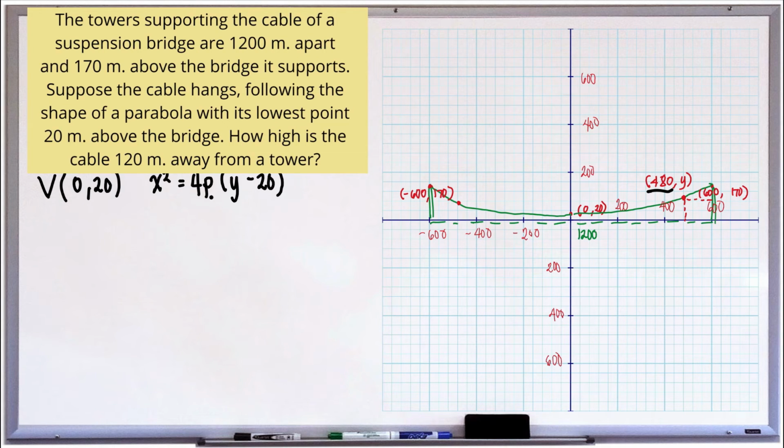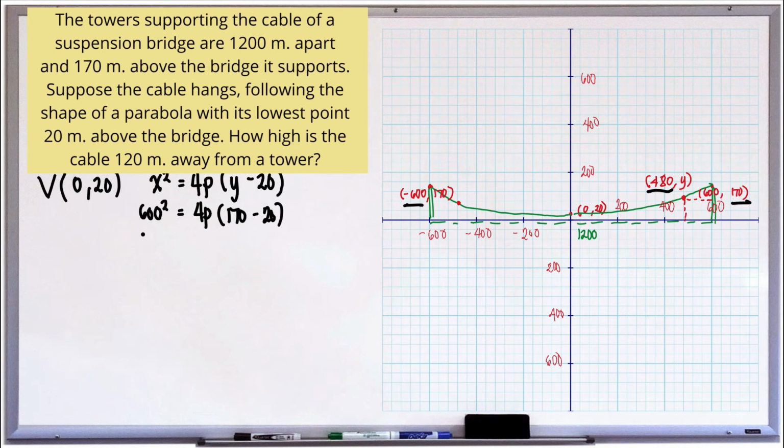To solve for p, we can use either this point or this point. Substituting in our equation, we have 600 squared equals 4p times (170 minus 20).